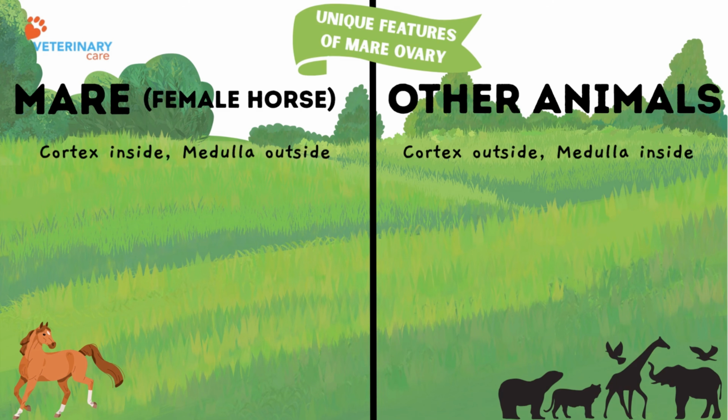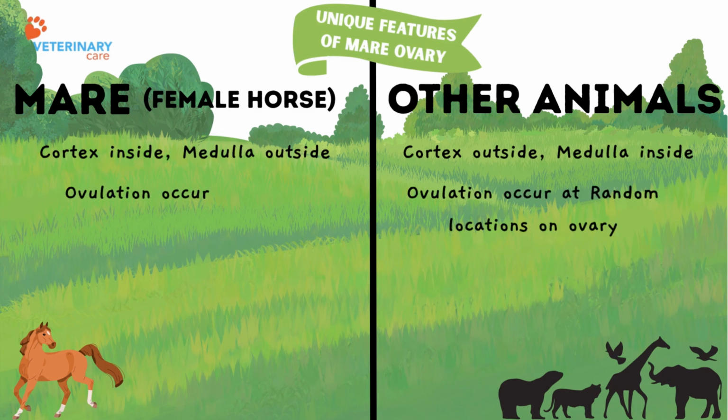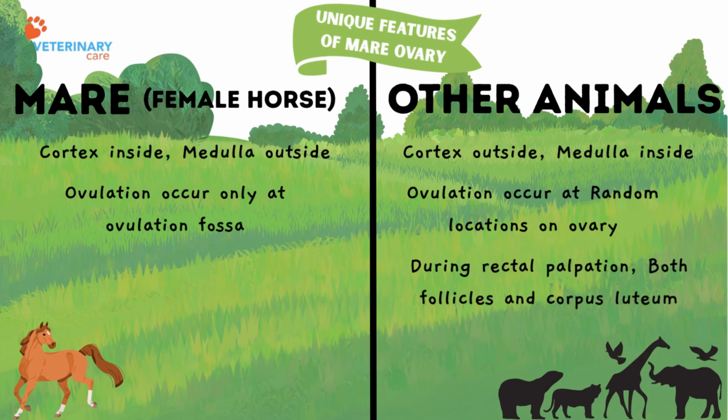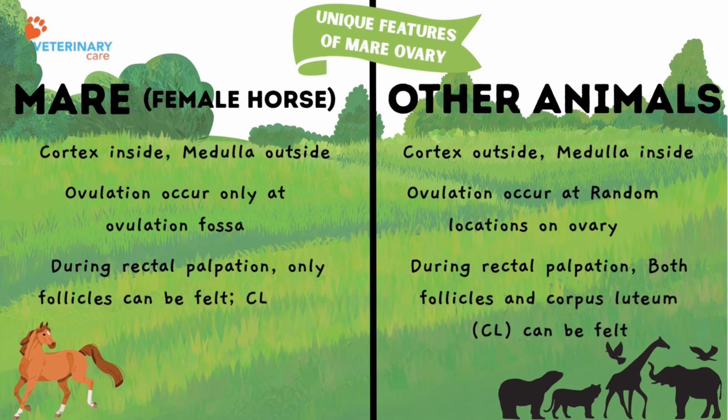In other animals it happens at random spots on the ovary, while in mares it only takes place at one fixed place called the ovulation fossa. Another difference is seen during rectal palpation. In most species, both the follicles and the corpus luteum can be felt, but in mares only the follicles can be detected. The corpus luteum cannot be felt because it stays buried within the tissue instead of protruding outward.